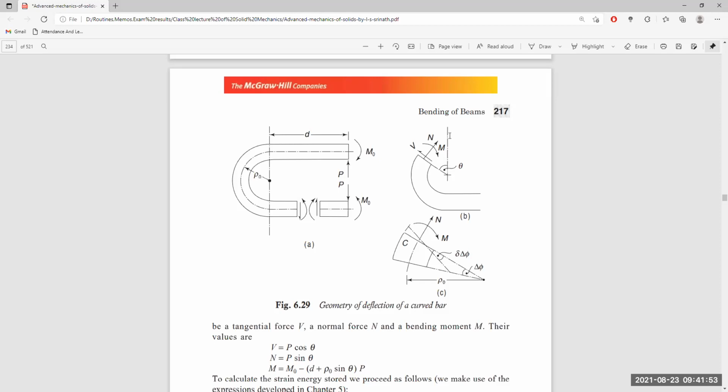And rho0 is the distance of the center of gravity from the center of curvature itself.